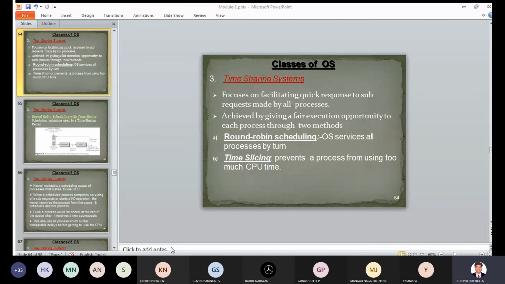But during that corresponding time, we can share the resources. These resources can be shared in two methods. First one is by using a round robin technique, and the second one by using what? You can see that here, time slicing.